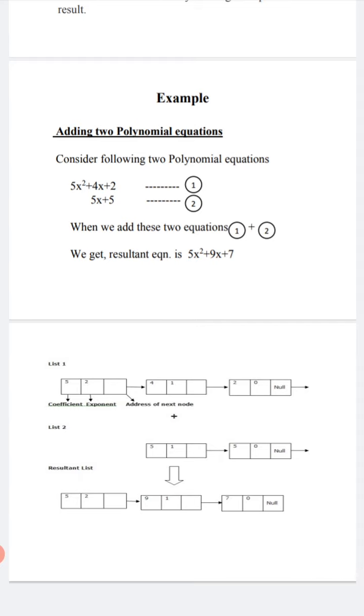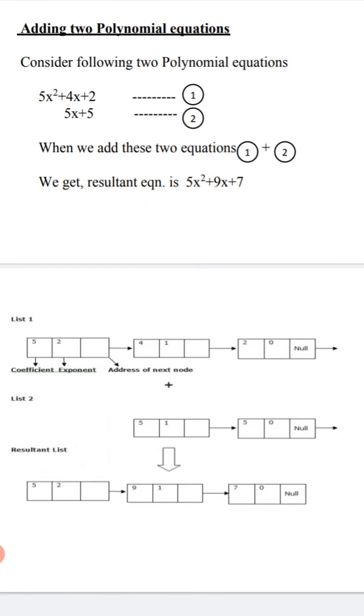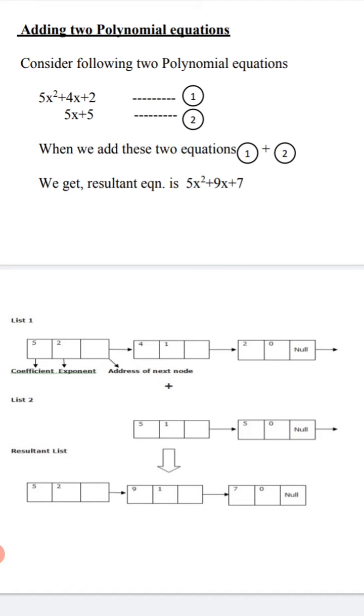This will be represented using the linked list. Here, listen: the first list, list 1, represents the first polynomial equation 5x squared plus 4x plus 2. Each node has three parts: the first part is the coefficient, the second part is the exponent, and the third part is the link part, the address of the next node.